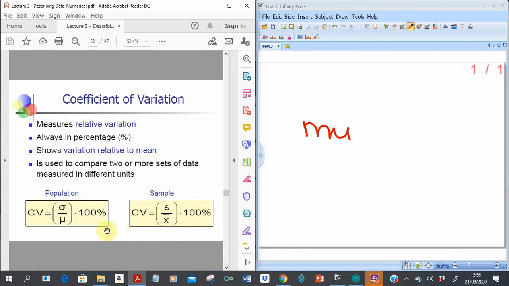And for the population, we use the population standard deviation, that symbol is known as sigma. It's a Greek letter as well. So that is sigma over mu multiplied by 100%.